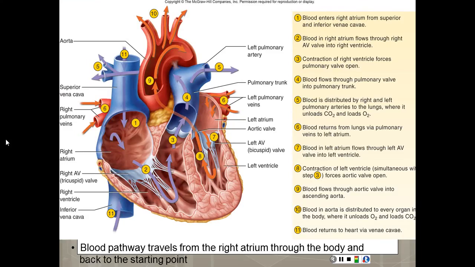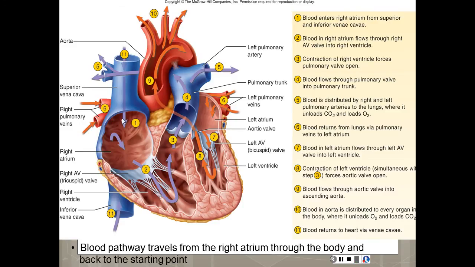So let's look at the pathway of blood. Let's start where this diagram is going to start. Here we're going to have blood entering into the right atrium. Would it be oxygenated or deoxygenated? It will be deoxygenated blood. And this deoxygenated blood is coming from where?